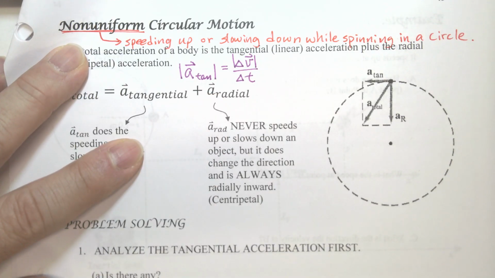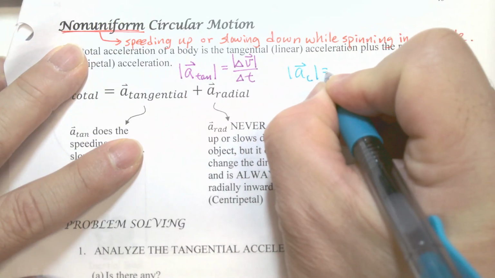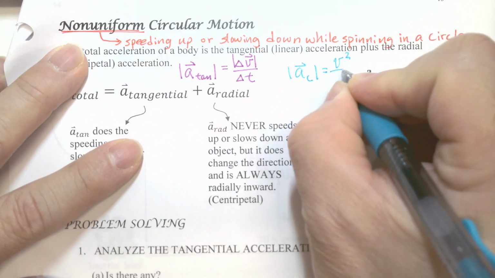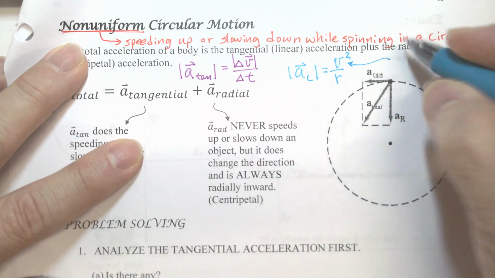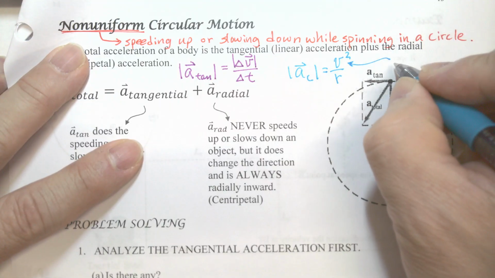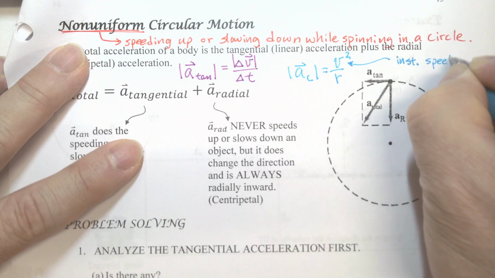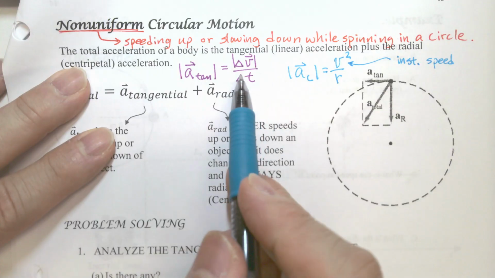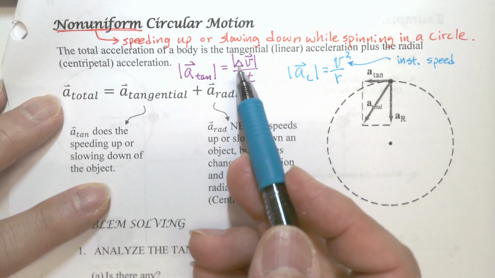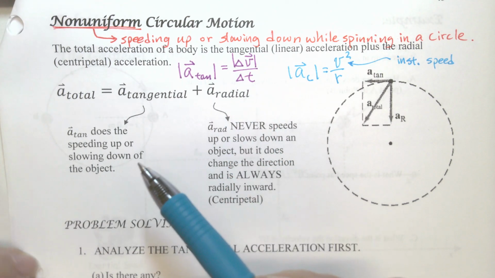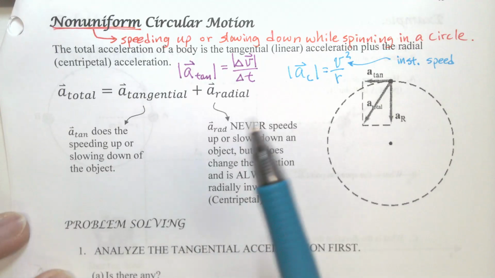So, when we have radial acceleration, the a sub c, we already know what that is, and that is basically V squared divided by R. This V is the instantaneous speed at wherever the point that you're looking at. Okay? And this delta V is basically the change in V in a given amount of time, if you have constant acceleration.